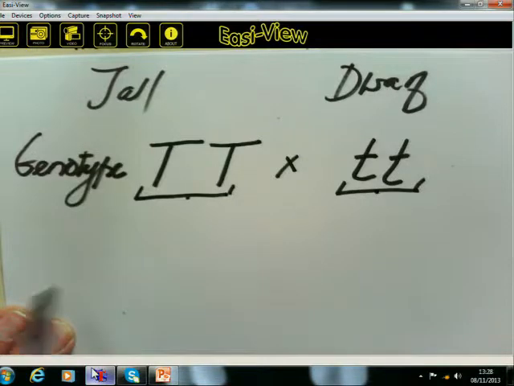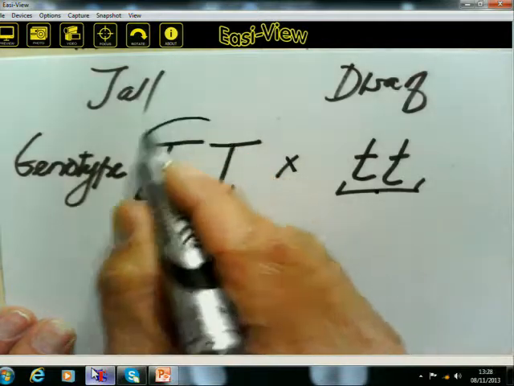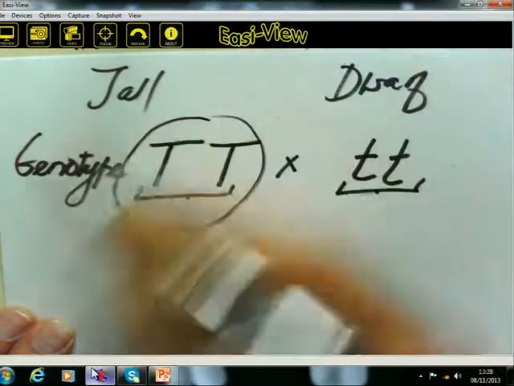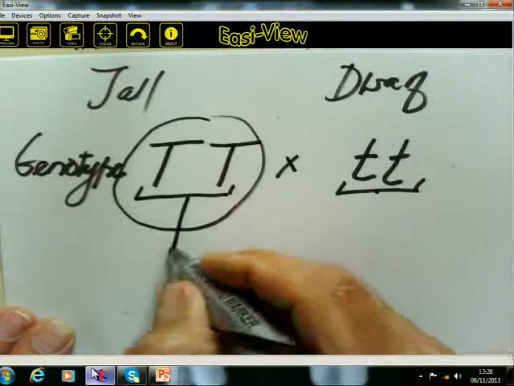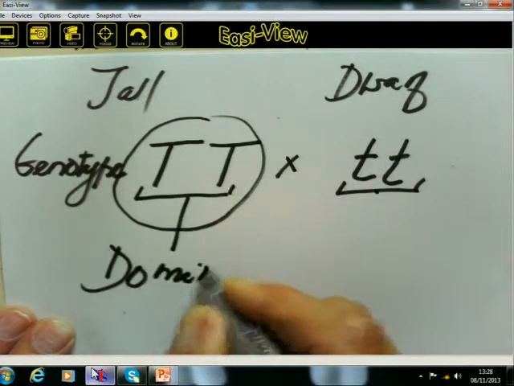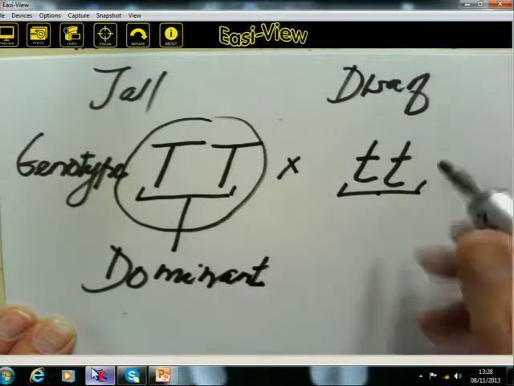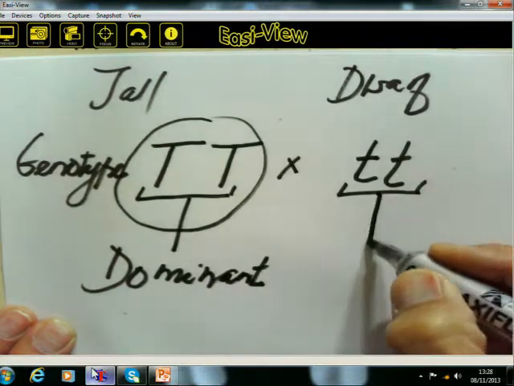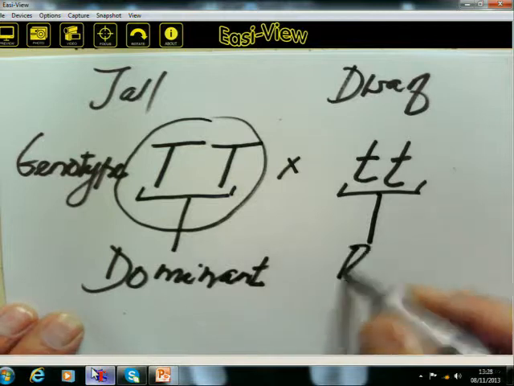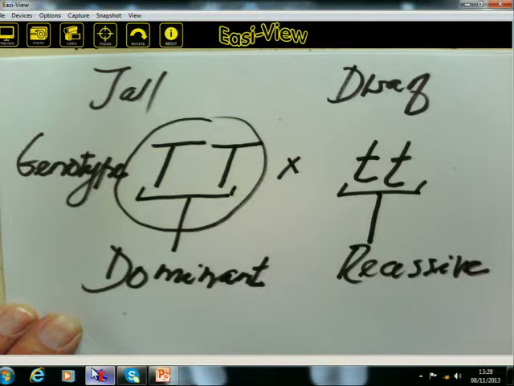Furthermore, seeing that we use capital letters, that simply indicates it represents the dominant allele. And seeing that we use the corresponding small letters, that will represent the recessive allele.